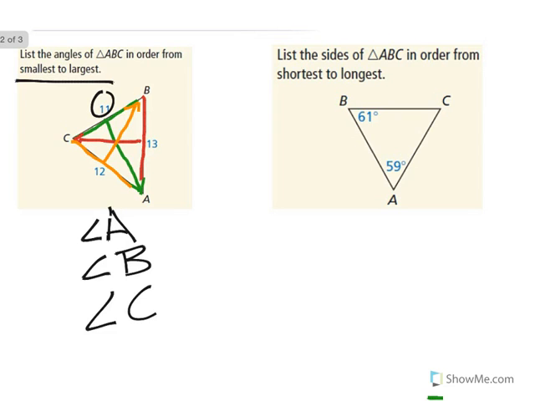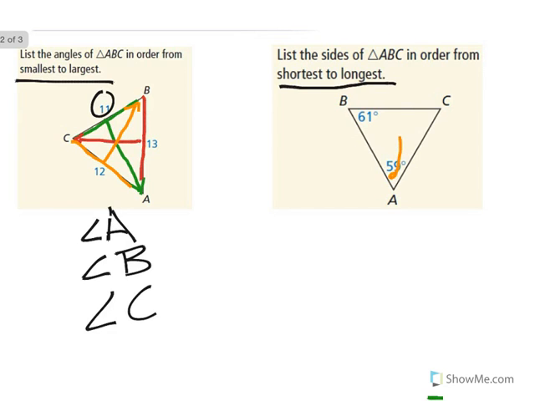Okay, list the sides of triangle ABC in order from, now we want shortest to longest, and we're talking about the side lengths. We're going to do the same thing. We know our angles over here relate to the sides. This right here, angle A is 59 degrees, and it would go with which side?